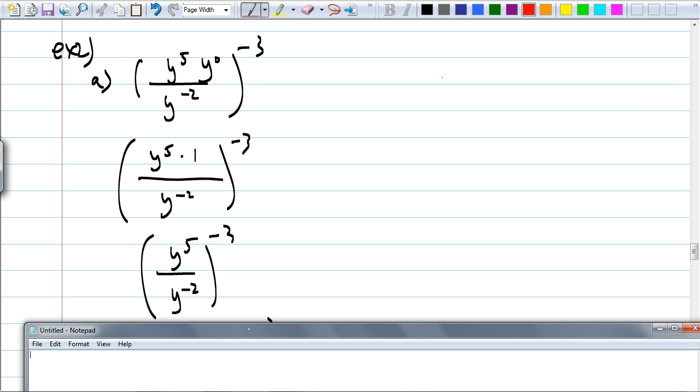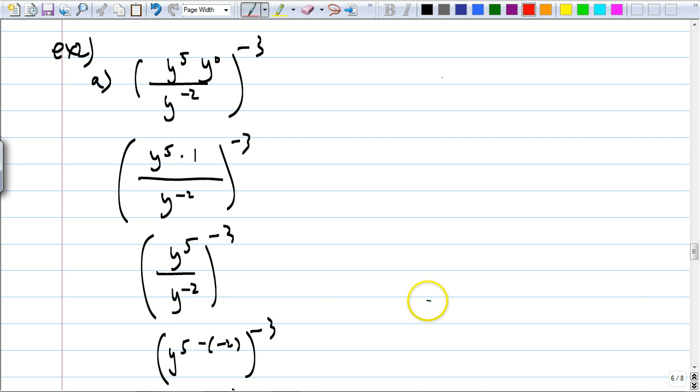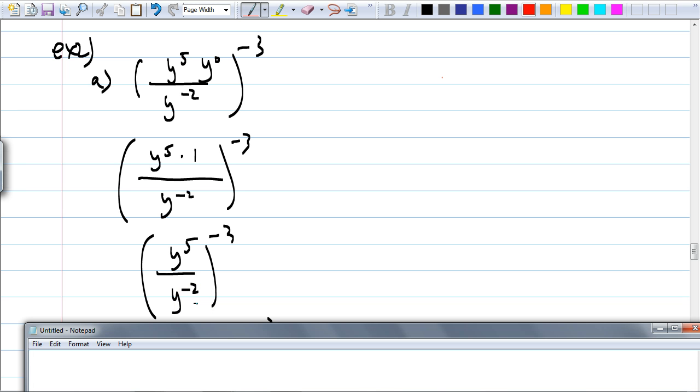What do we do with the exponents? How about Chuck? You can't, but remember we know the shortcut. If you have y to the 5th over y to the negative 2, what do we do with the exponents? No, you don't flip it.